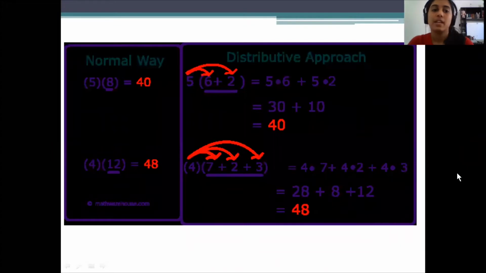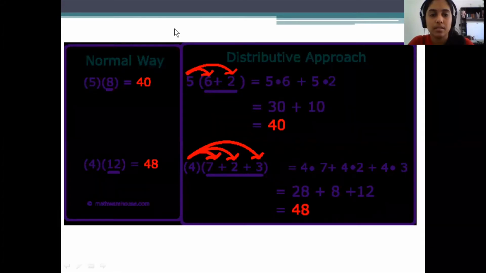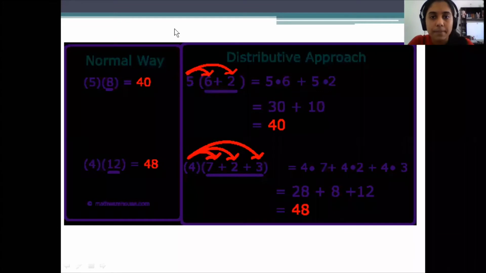Okay. So as I told before, we know 5 into 8 is 40, but suppose I forget the multiplication table. Then let's see how to solve it. Suppose we assume you know tables up to 6.